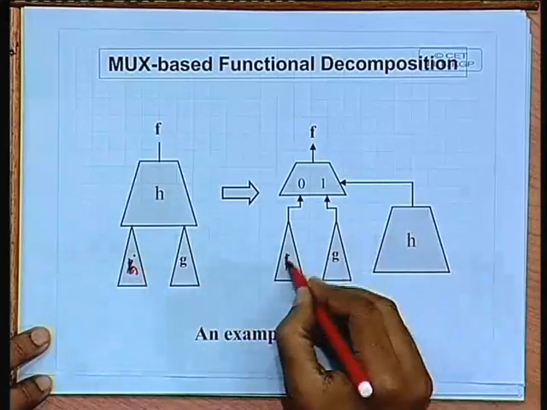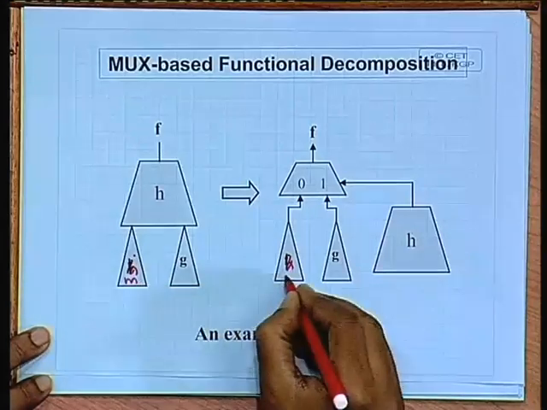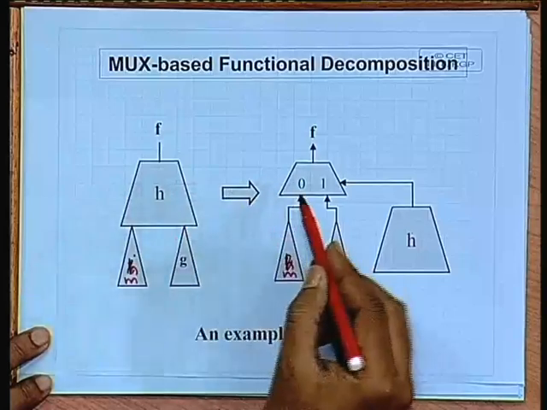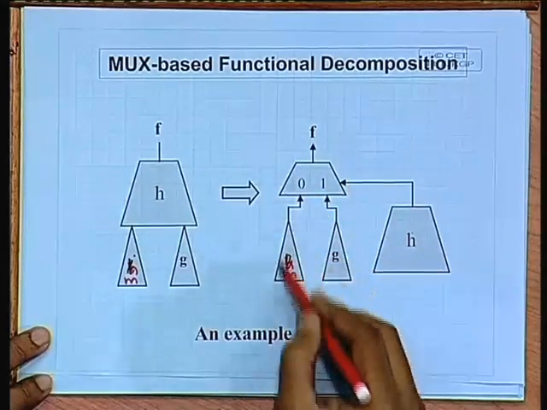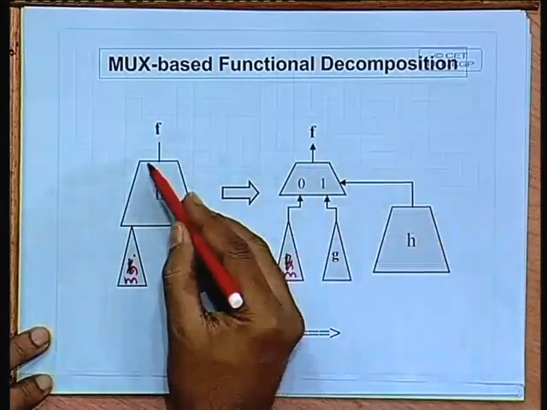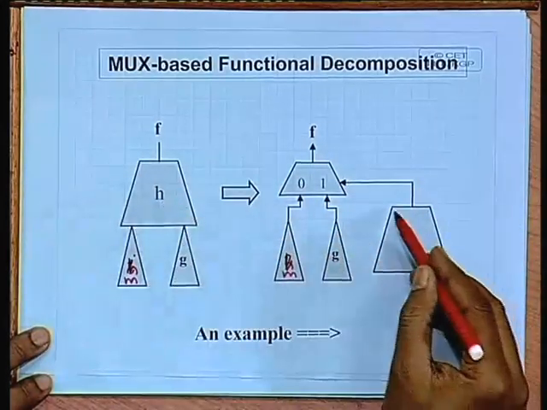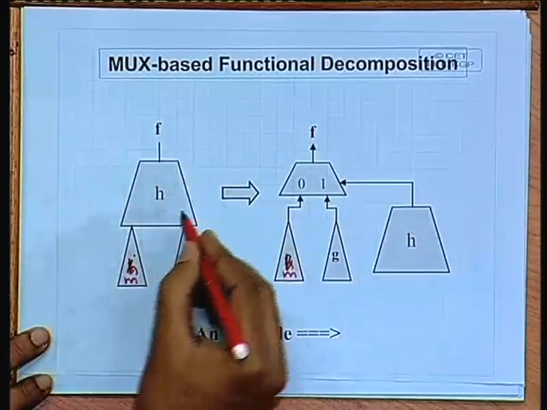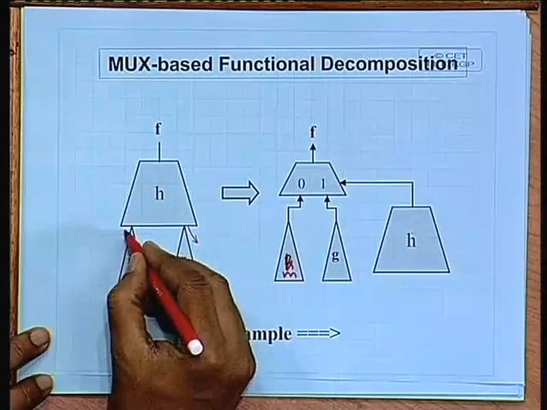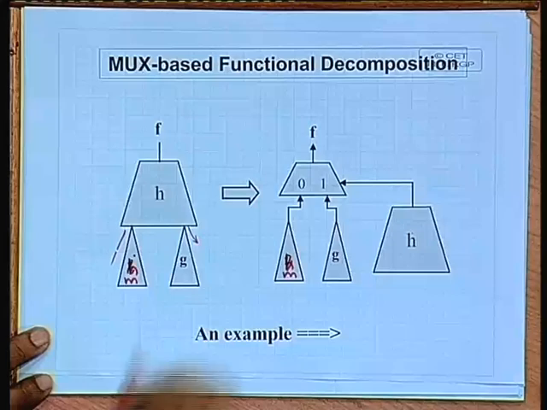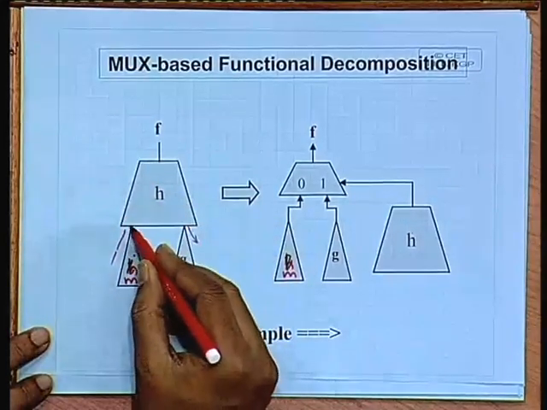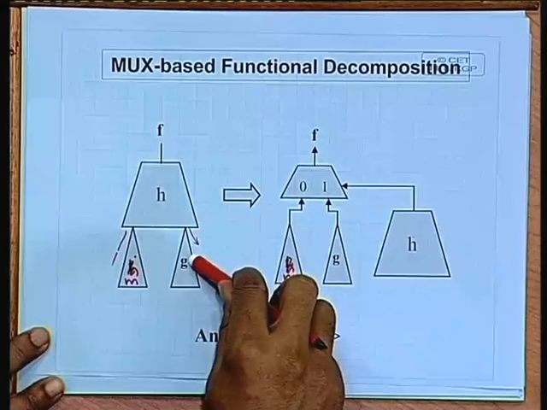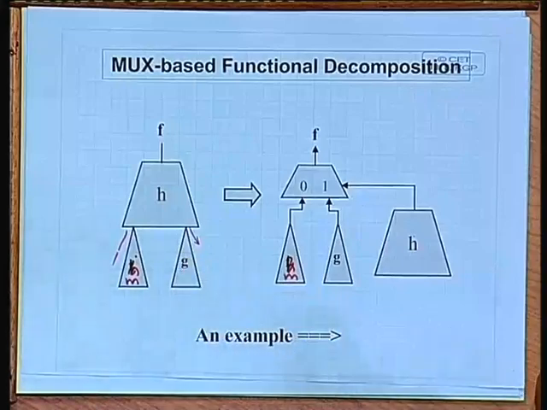This h is already there, so let us call it m. Then you can have a realization where there is a multiplexer with m and g below it, but the control input is fed not by a single variable, but by another circuit which is realizing h. If h is true, I will follow the right path. If h is false, I will follow the left path. A subfunction with two subfunctions under this means that this is the false path and this is the true path. So, let us take an example to illustrate this.